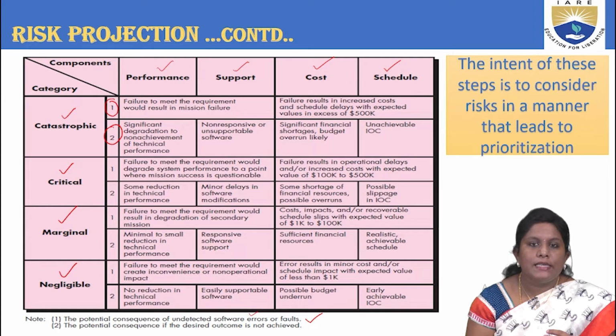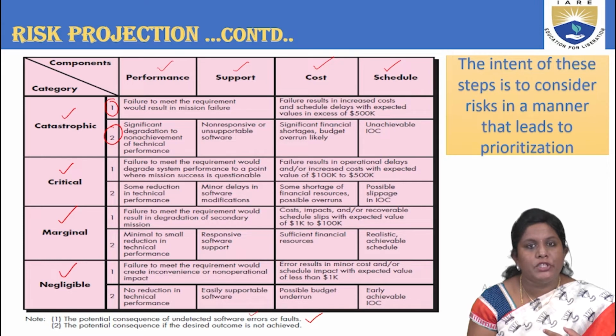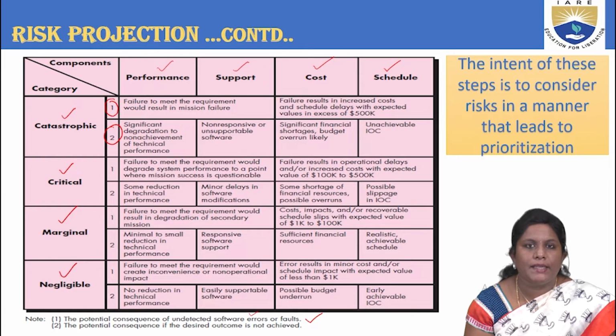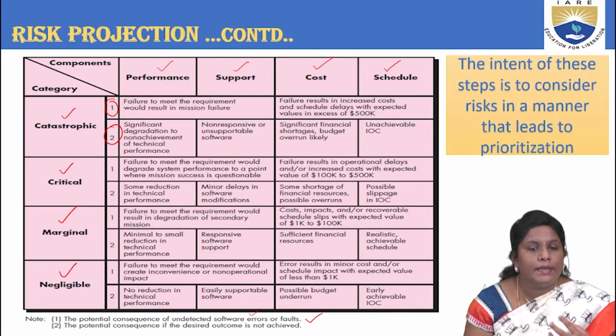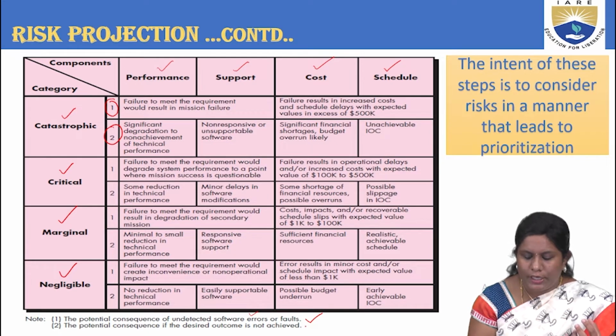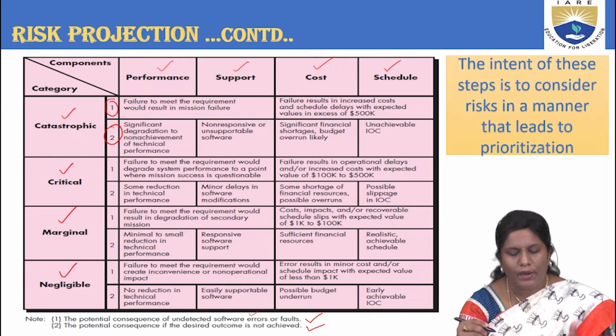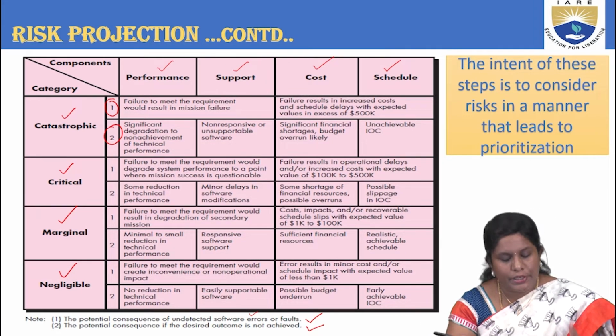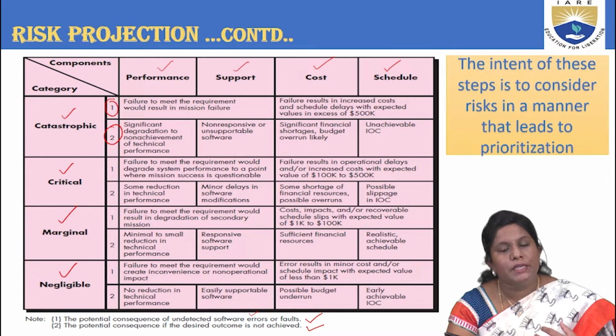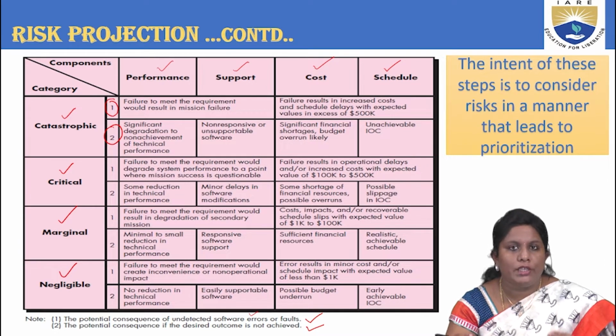So these are the consequences for some software errors which are not detected. That is coming under the categorization of 1. And then you have 2, the desired outcome is not achieved. So when you say 1, there are some undetected software errors, and when you say 2, you have some desired outcome that is not achieved.